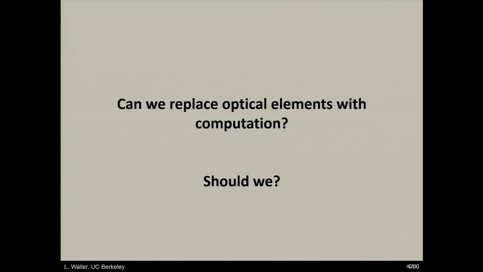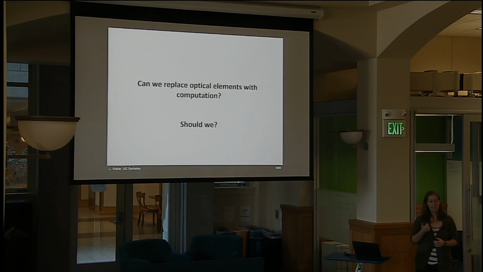Do we need to do optically what we can do digitally? So can I just replace the lens with some sort of after-the-fact computation that gives me back the perfect image after some processing, and then use a cheap lens that is really crappy and is small and thin? Or for lots of other reasons, you might want to do that. So can we do this, and should we do this?